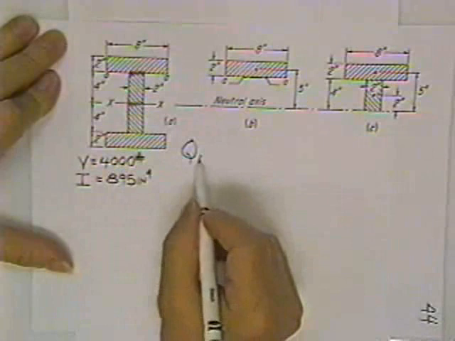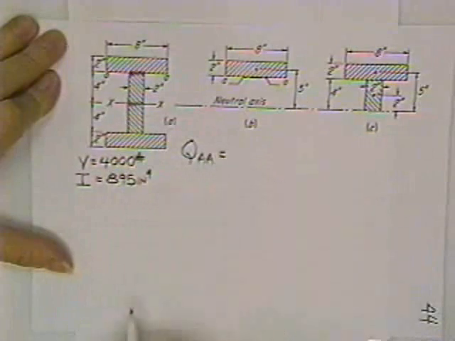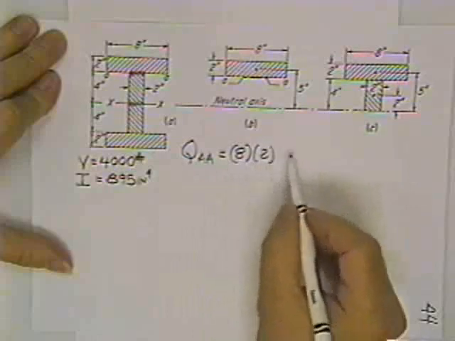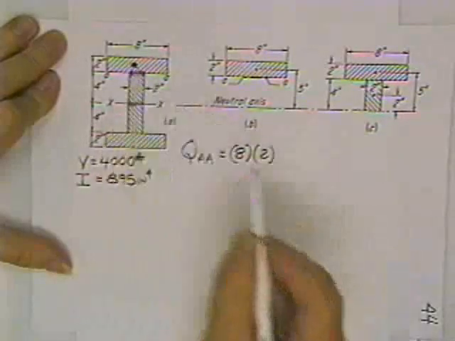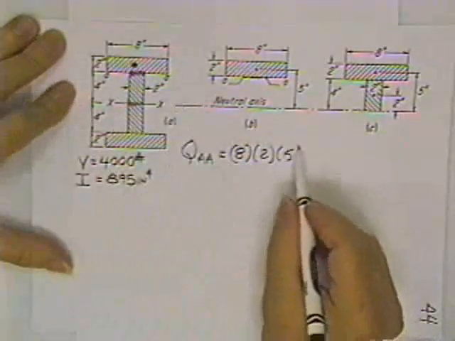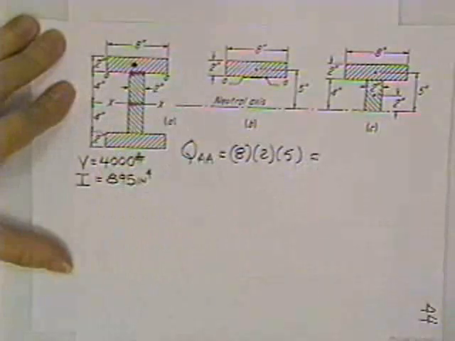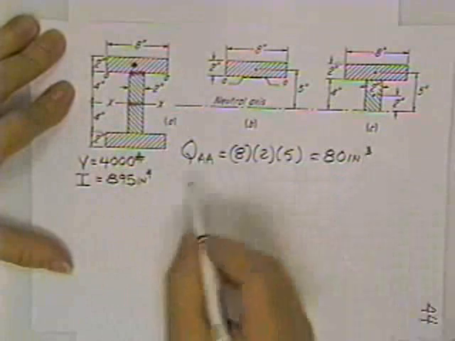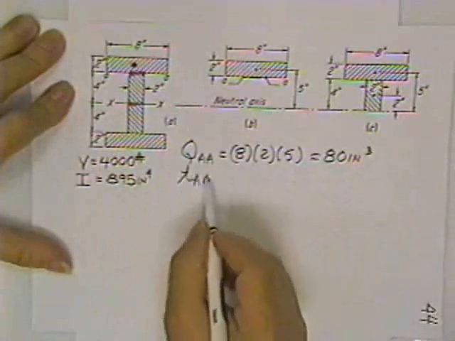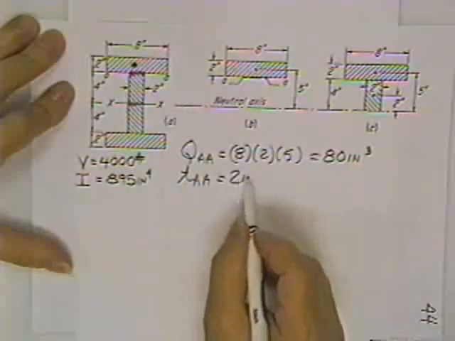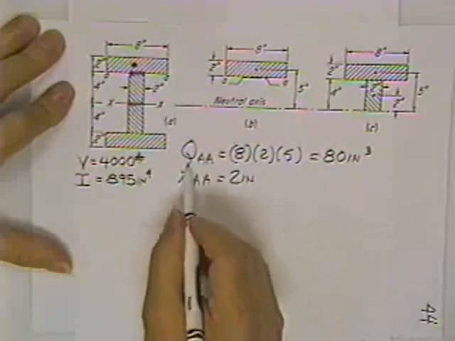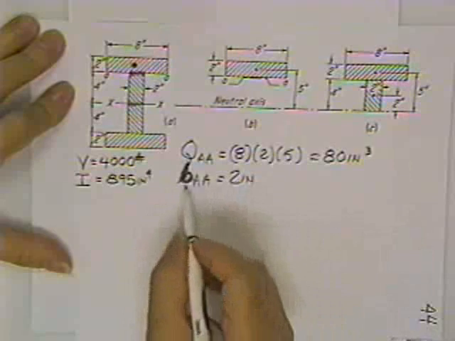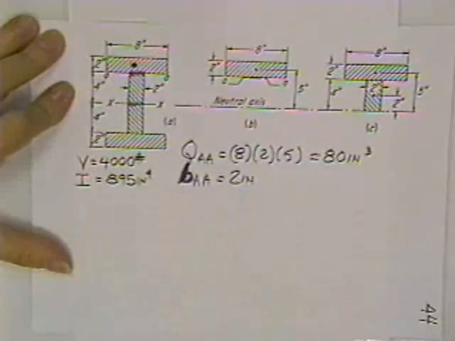Q for line AA is equal to 8 times 2 times 5, how easy? 80 inches cubed. How thick is line AA? It's 2 inches thick. B. Half the books use B and half of them use T. I'm used to using T.